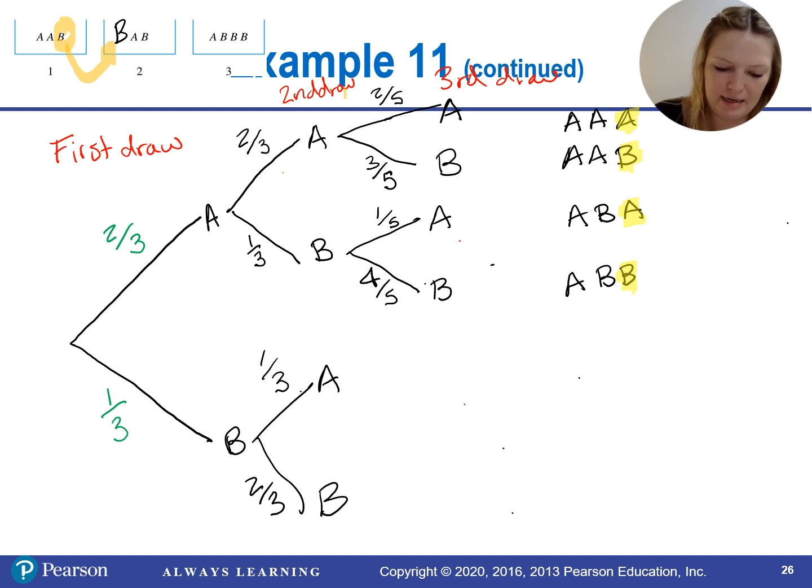If I draw an A, then the probability on my third draw from the third box of getting an A is 2/5, and the probability of getting a B is 3/5.